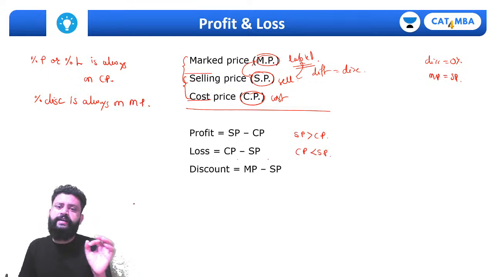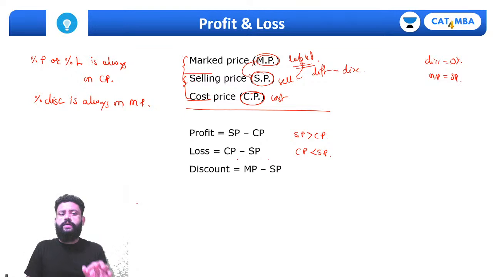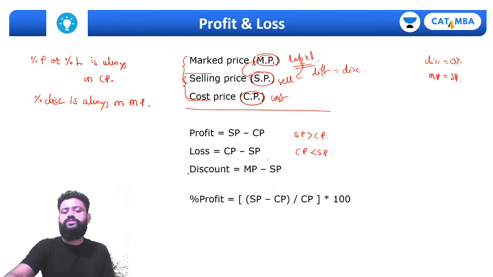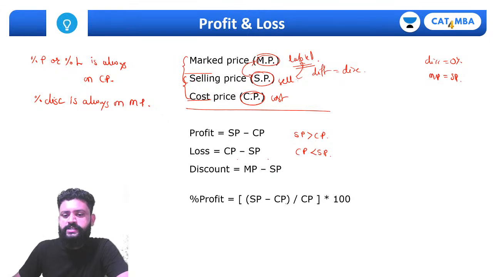If you want to calculate percent profit or percent loss of a profit or loss, you always compare that profit and loss with the cost price, and discount is always compared to the mark price. So that's how this formula comes. Percent profit is selling price minus cost price, divided by cost price, into 100. So the denominator will be cost price.